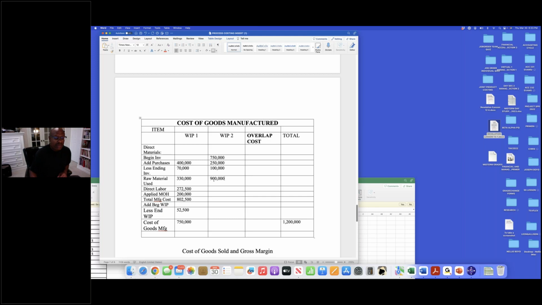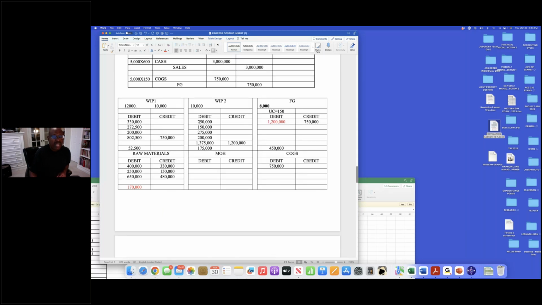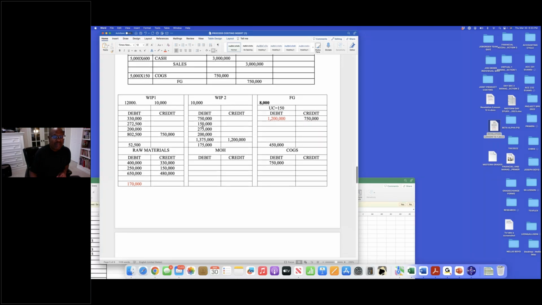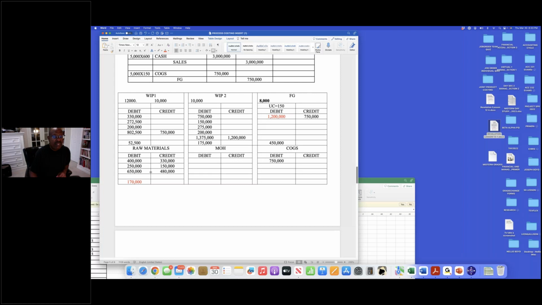So once again, if we want to find that 900,000, we go to work in process two, add 750 and 150. We add the 750 and the 150. We got 900,000. Where did you get the 100,000 from on the list ending inventory? Because we bought 250 and we transferred out 150.